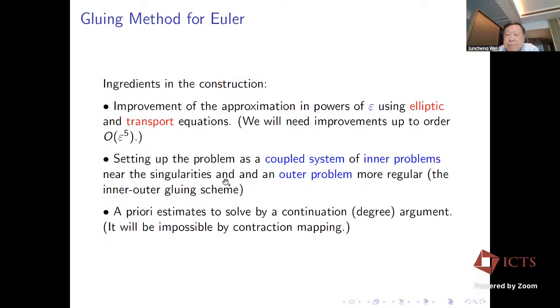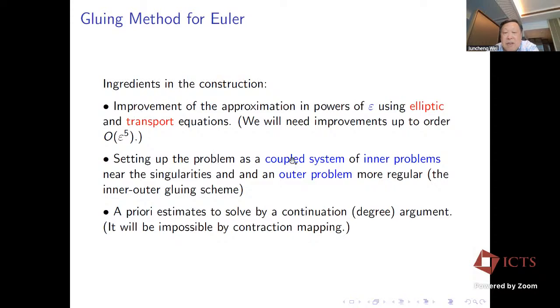Now, the outer problem for the Euler equation is a transport equation. And for a transport equation, we don't expect to gain any regularity. And this is the main problem.